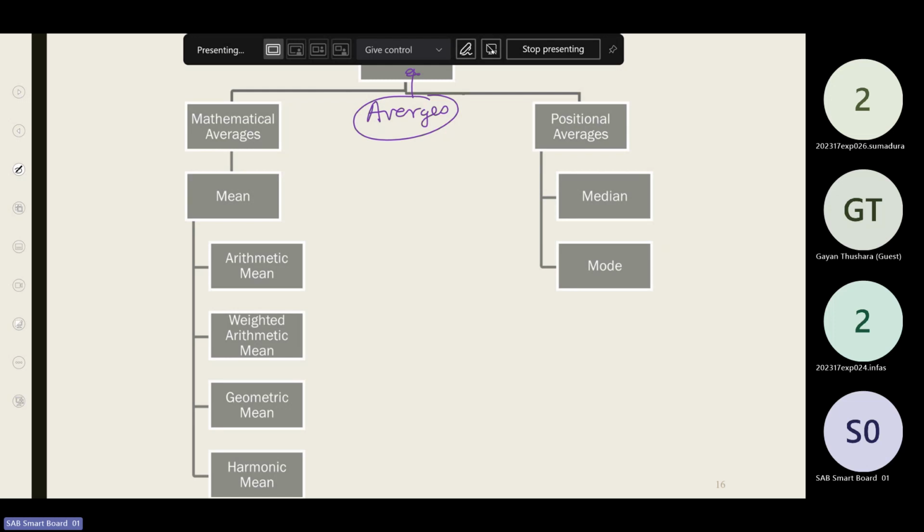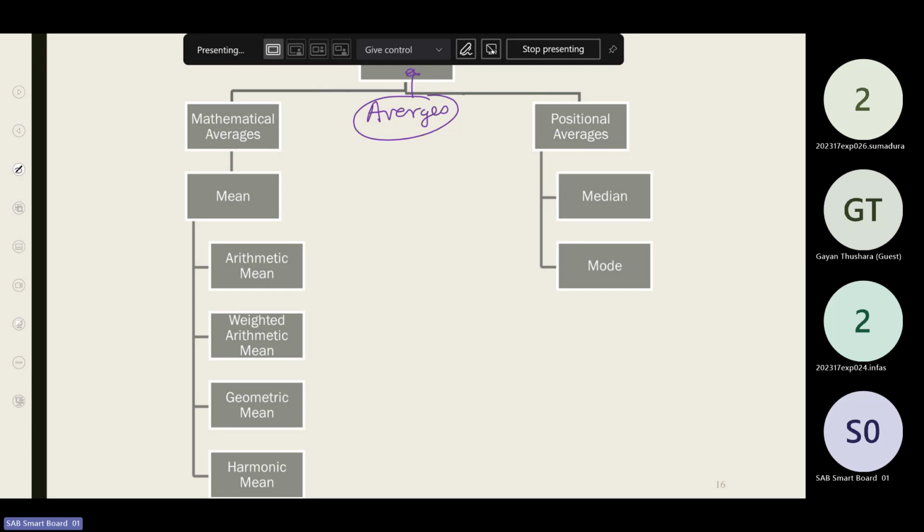Averages are classified into two categories: mathematical averages and positional averages. Under mathematical average, we define the mean. Different types of means are defined: arithmetic, weighted arithmetic, geometric, and harmonic.